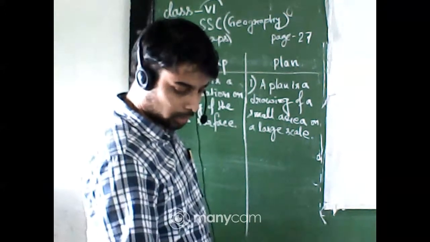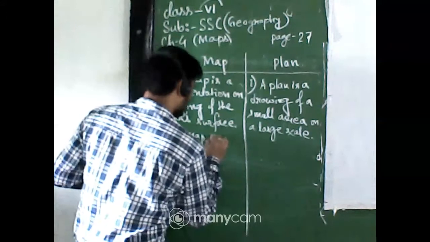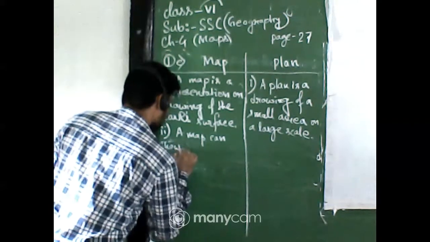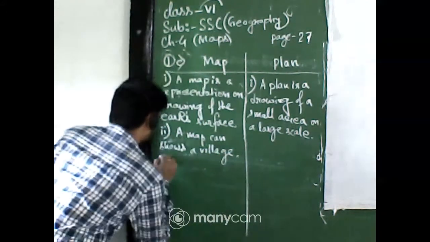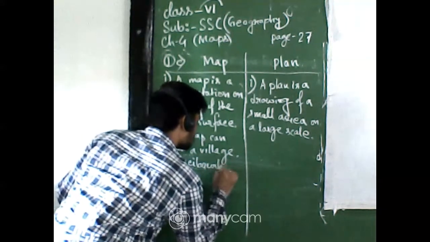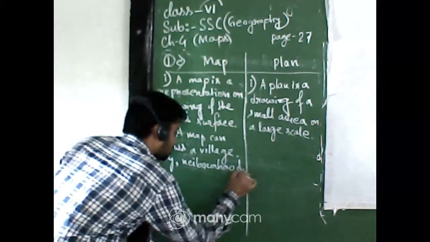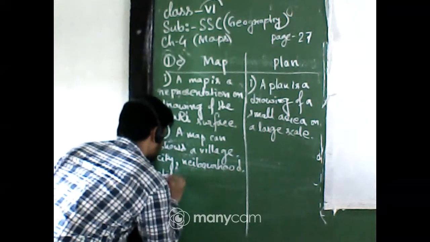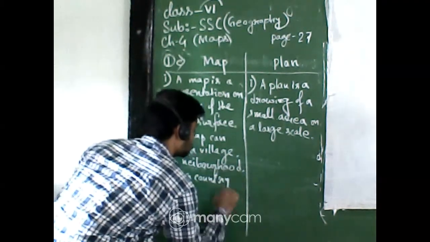Now column 1, point number 2, that a map can show a village, city, neighborhood, means locality, okay, state or country.